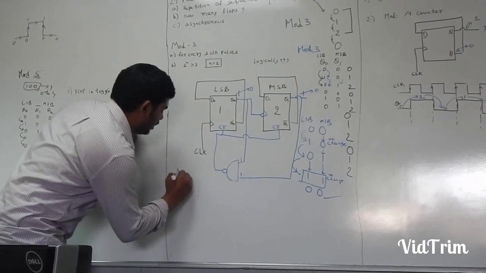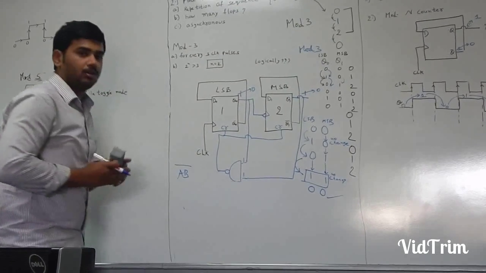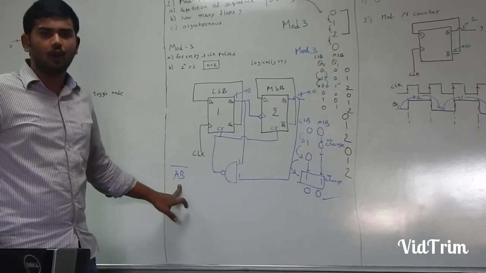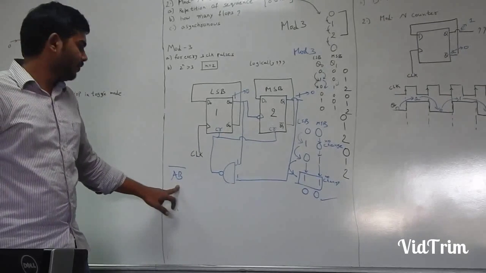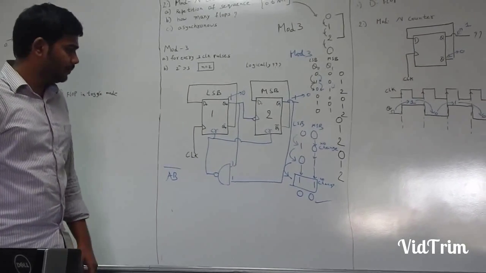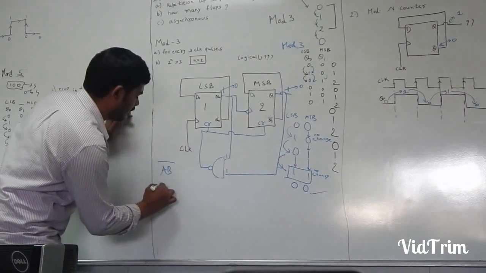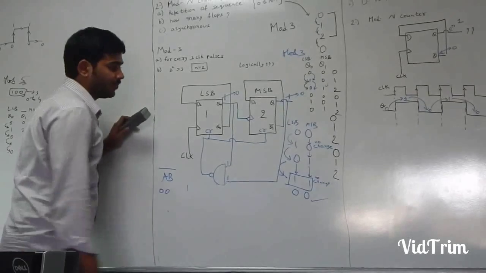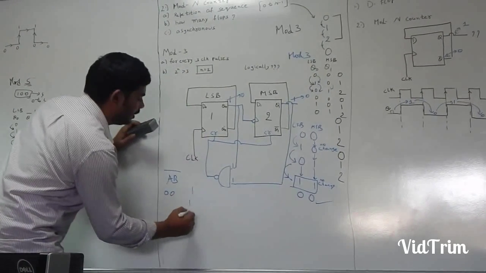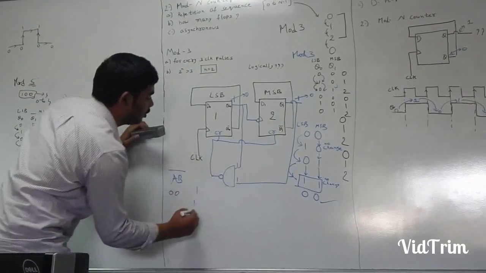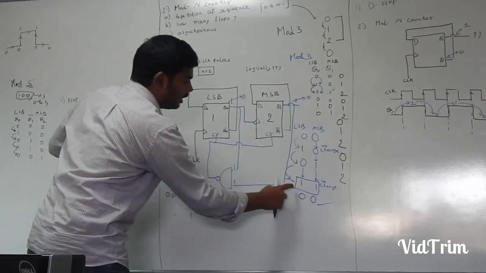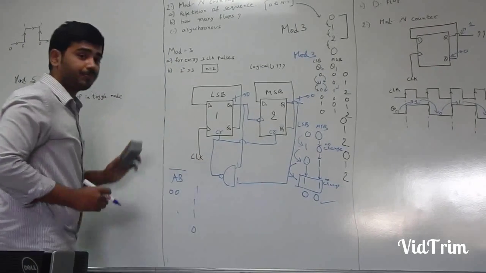The expression of a two input NAND gate is (AB) bar. So if one input is 0, obviously the output will be 1. When I send 0 0, the output would be 1. When I send 0 1, the output would be 1. When I send 1 0, the output would be 1. But if I send 1 1, the output would be 0.